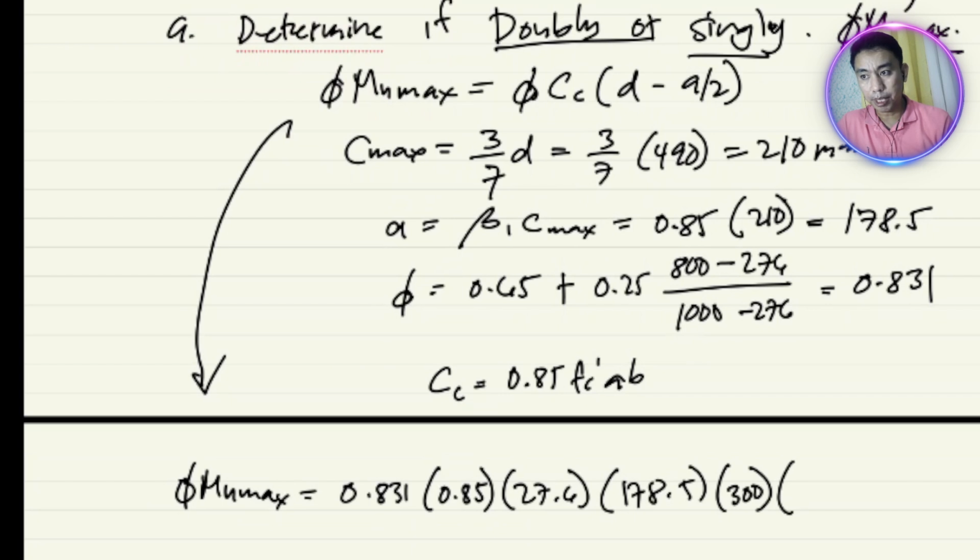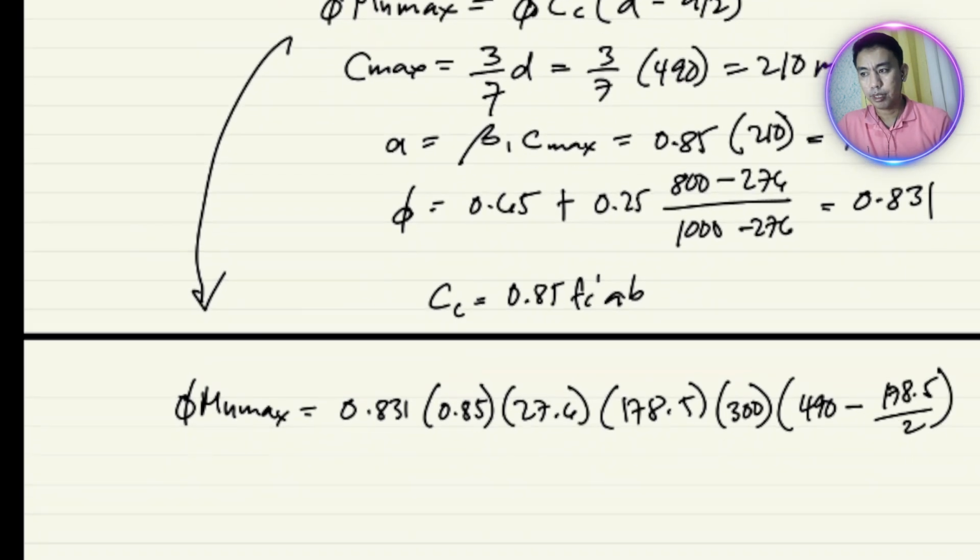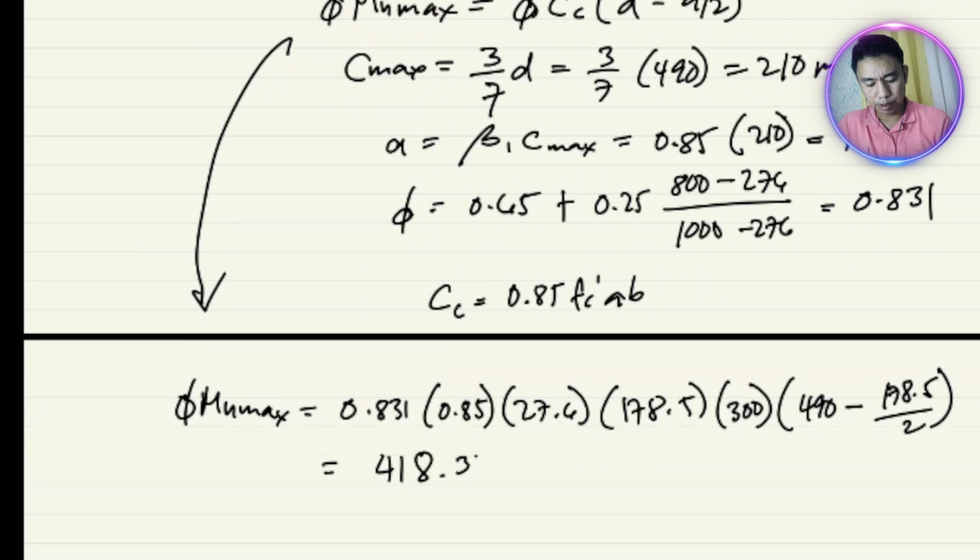Now times d minus a over 2. Ang d natin is 490 minus 178.5 over 2. So, solving this one, we have Mn max is 418.371 kilonewton meter.